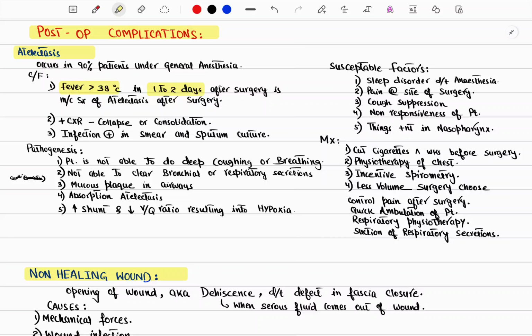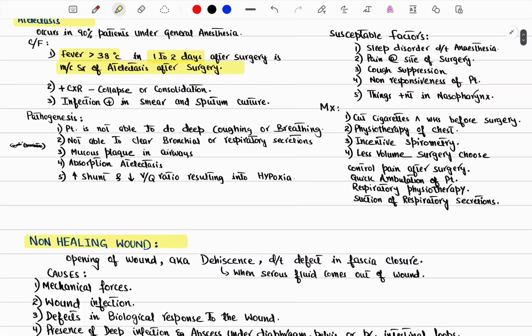In these patients, 1 to 2 days after surgery the atelectasis occurs, and the most common symptom of atelectasis is fever in the first and second day. There is a positive chest X-ray showing consolidation over the collapse, and infection in smear or sputum culture.